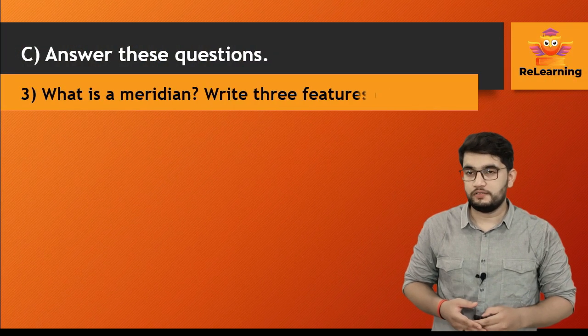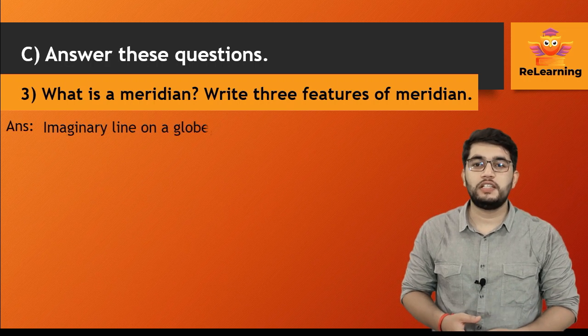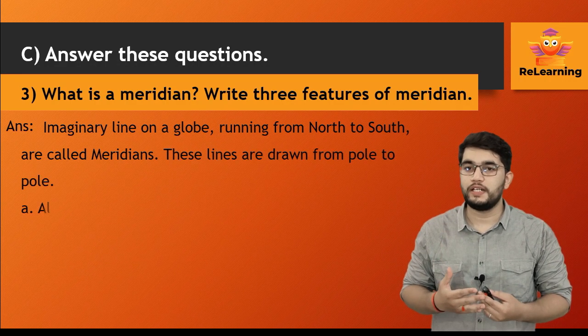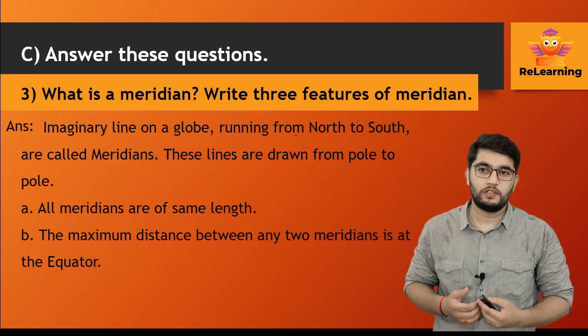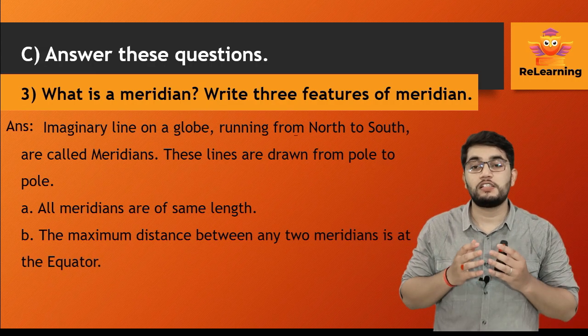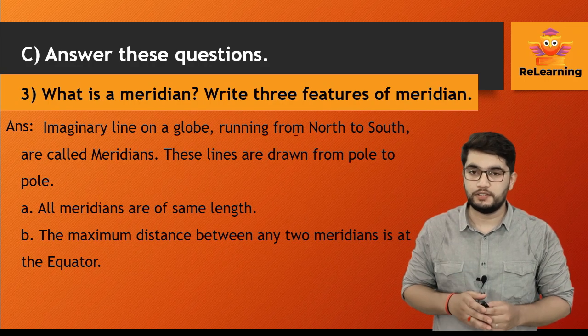What is a meridian? Write 3 features of meridians. Let's see the answer. Imaginary lines on a globe running from north to south are called meridians. These lines are drawn from pole to pole. Features are: all meridians are of same length. The maximum distance between any 2 meridians is at the equator.